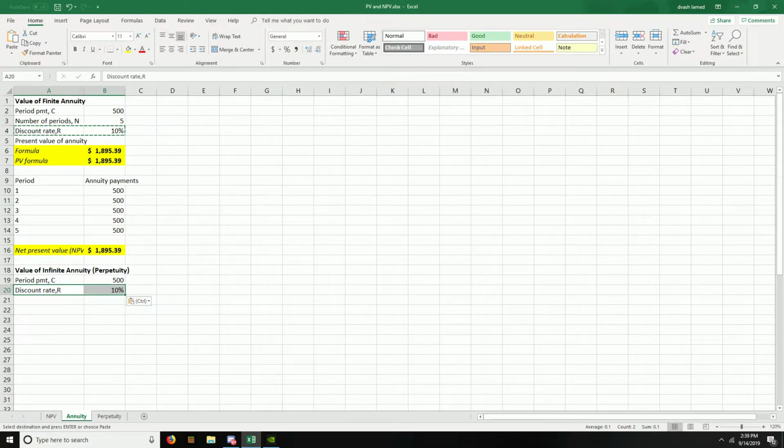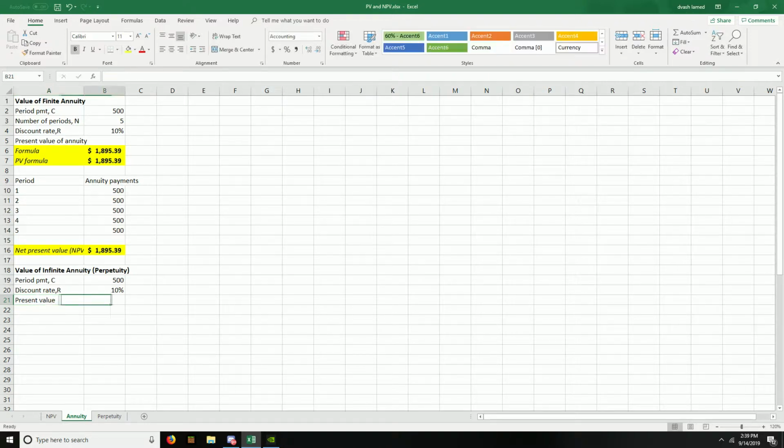So our present value here is easily calculated just using the formula, which will be our annual payment divided by the discount rate. So this will be our present value of all future payments. So these are essentially our finite annuities and infinite annuities with no growth rate, just an interest rate.